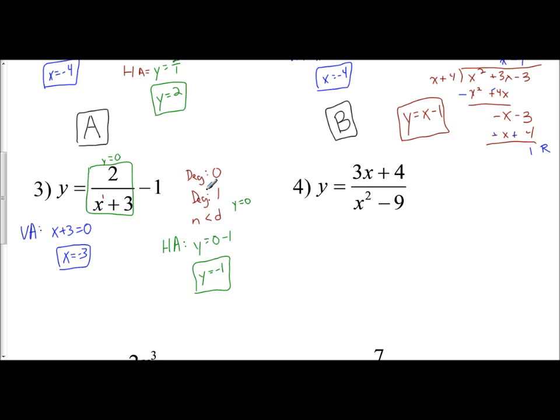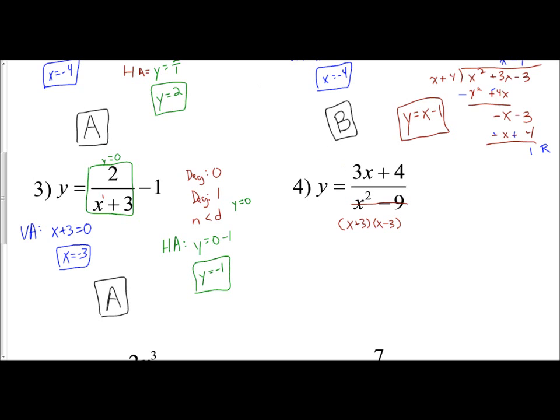So I'm asked, which one is it? A, B, C, or D? And A is if you have a vertical and horizontal asymptote. So let's look at number 4. This is interesting because my denominator is not factored. If my denominator is not factored, what I'm going to do is I'm going to factor it. This is a difference of squares, x plus 3, x minus 3.